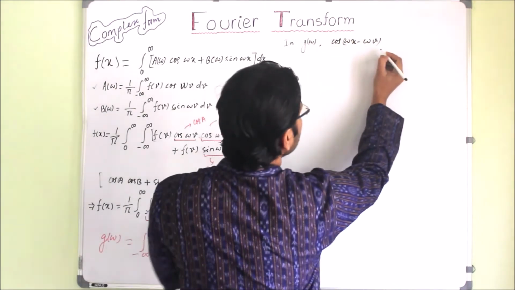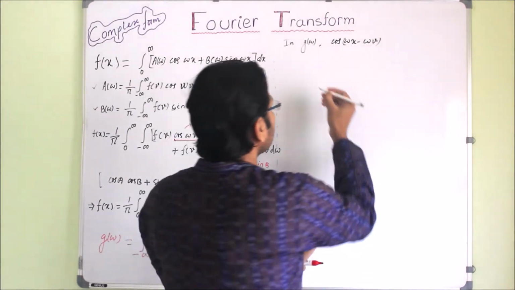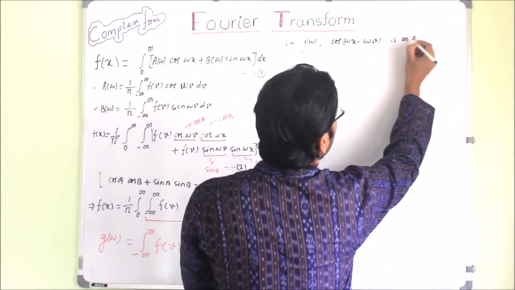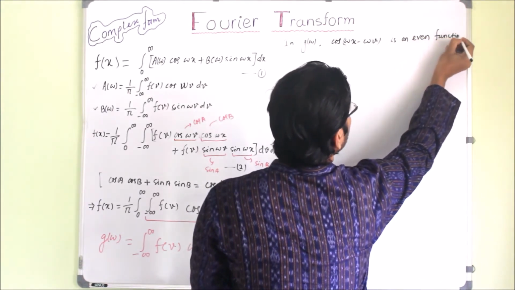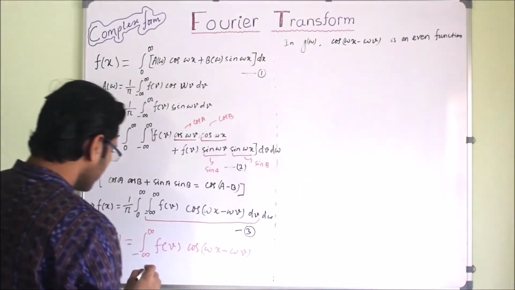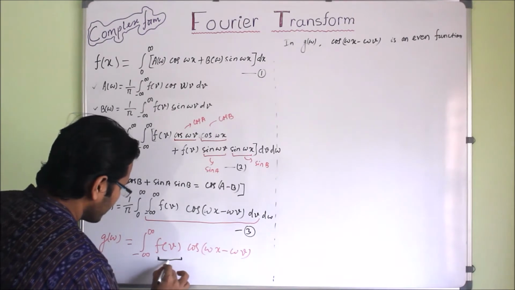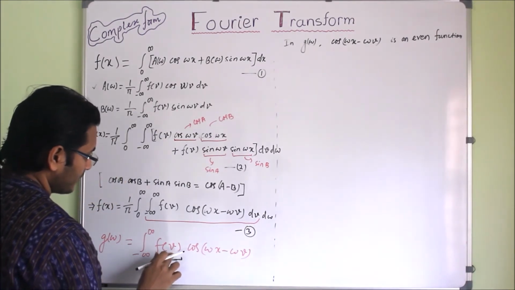But what is cos theta? Cos theta is an even function. The other thing is f of v, a function with respect to v.